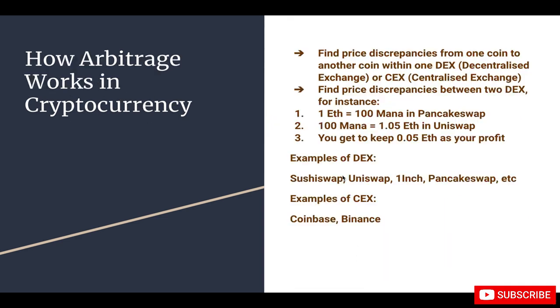What about the second type? The second type of arbitrage is when you exploit price differences between one DEX and another DEX, or one centralized exchange and another centralized exchange. Let me show you an example so you can understand it easier. Find price discrepancies between two decentralized exchanges.